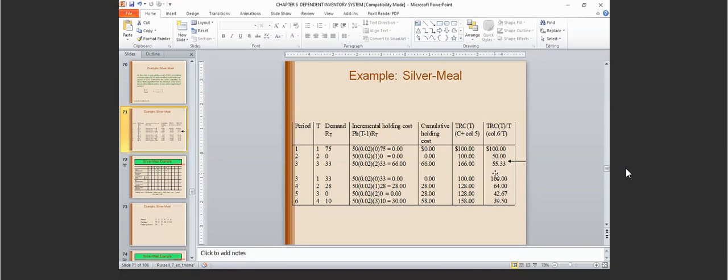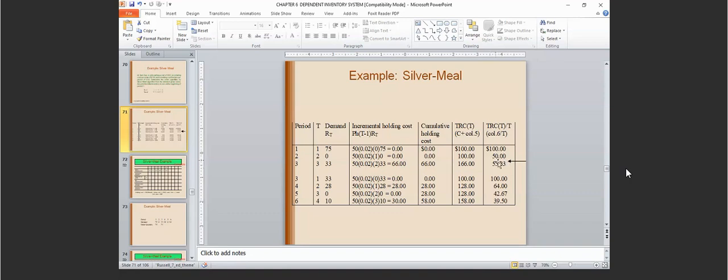In the last column, at period 3, we can see the total relevant cost over T shows an increment in the average cost, from 50 ringgit to 55 ringgit 33 cent.